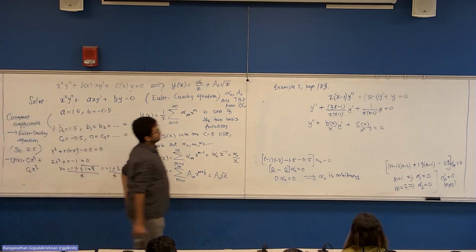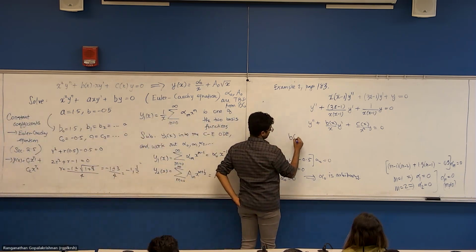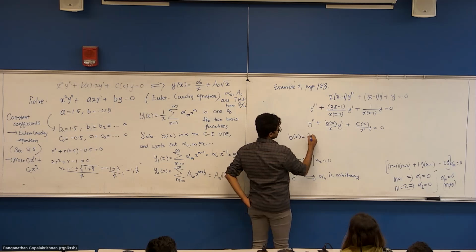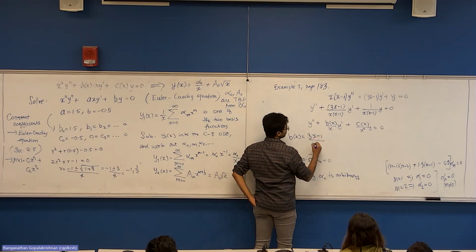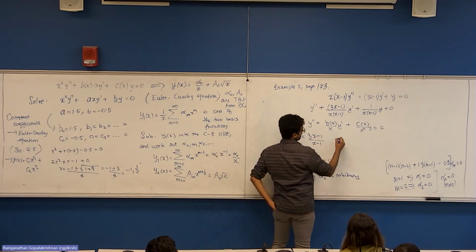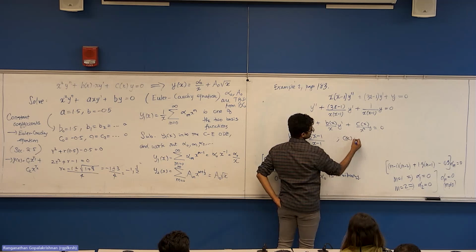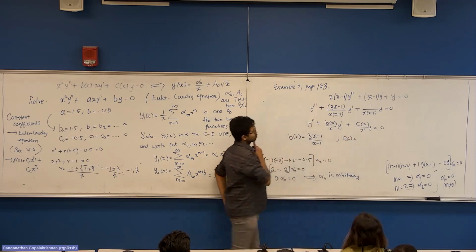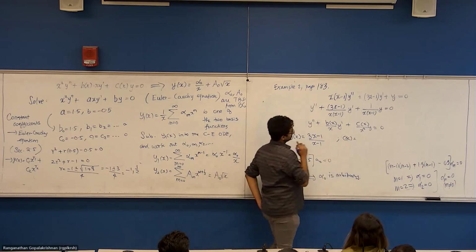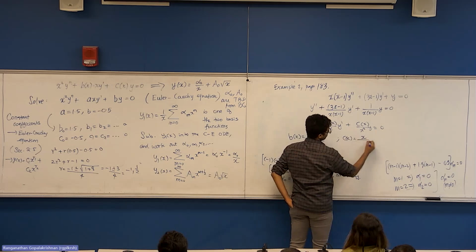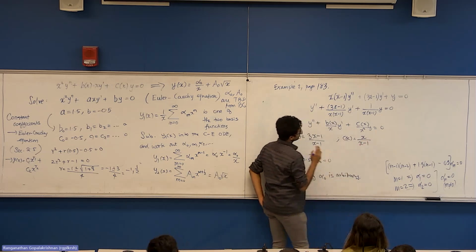So what is b of x? b of x is (3x minus 1) divided by (x minus 1), and what is c of x? x divided by (x minus 1), correct?